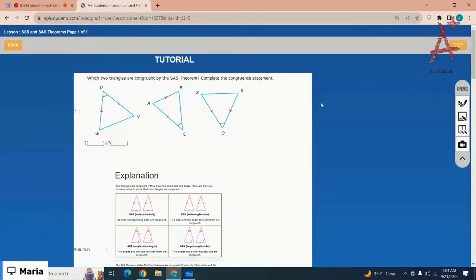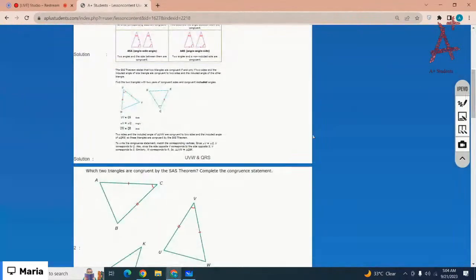Just look at the triangles UVW and QRS, because here you have two sides and the angle between them, and here you have two sides and the angle between them. So triangles UVW and QRS are congruent by SAS theorem, right?